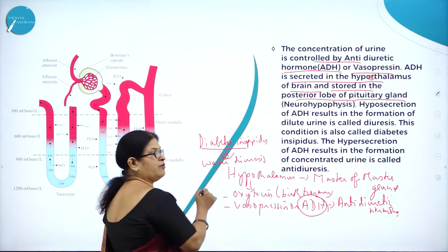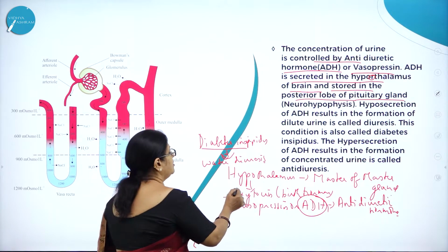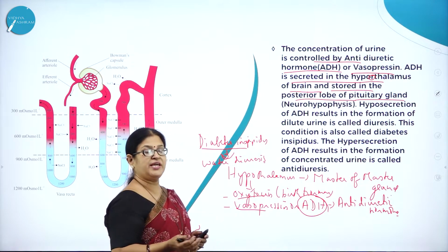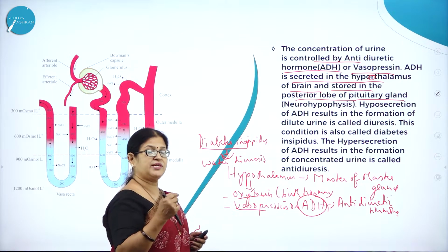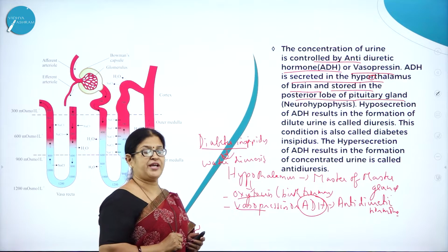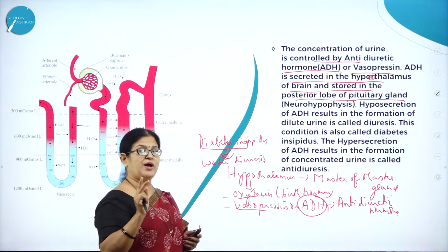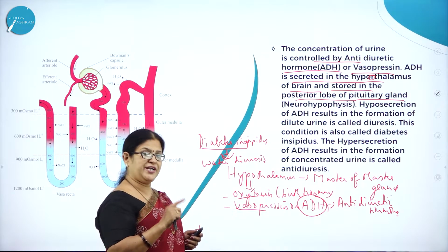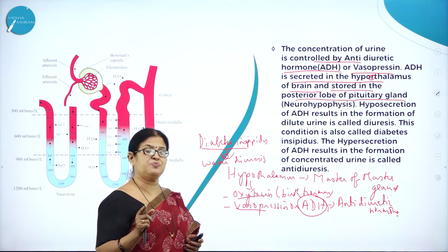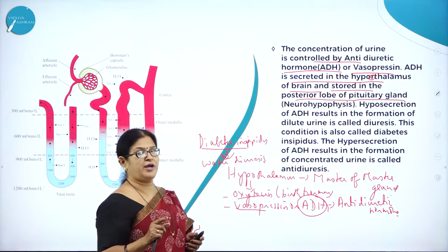Vasopressin and oxytocin are received by the posterior pituitary. As we know, the pituitary is divided into two parts. One is called the anterior pituitary or adenohypophysis. The other one is the posterior pituitary or neurohypophysis.